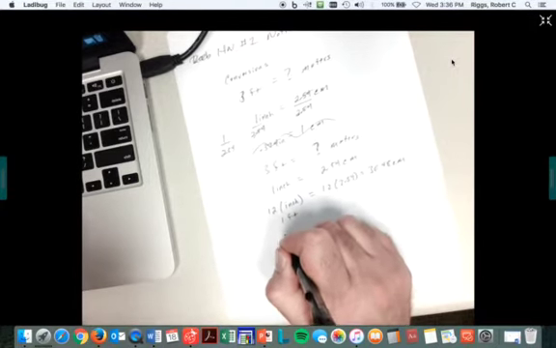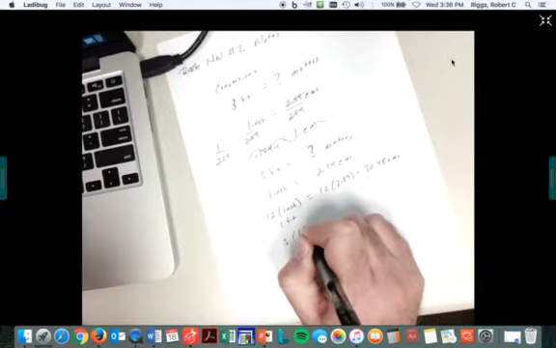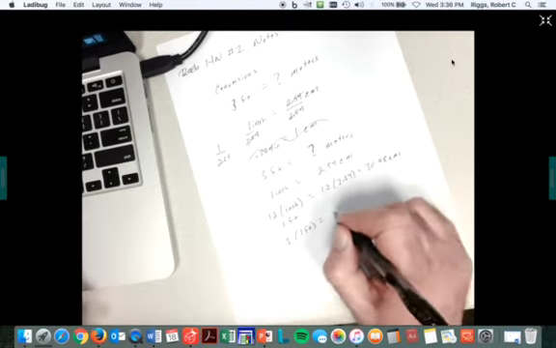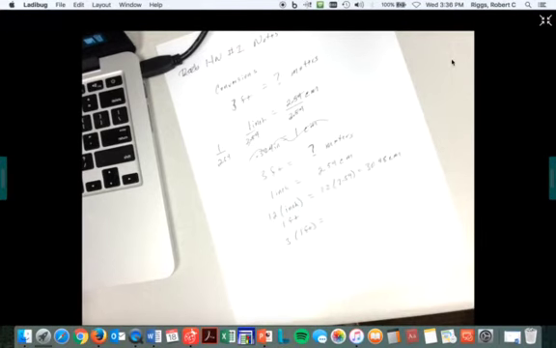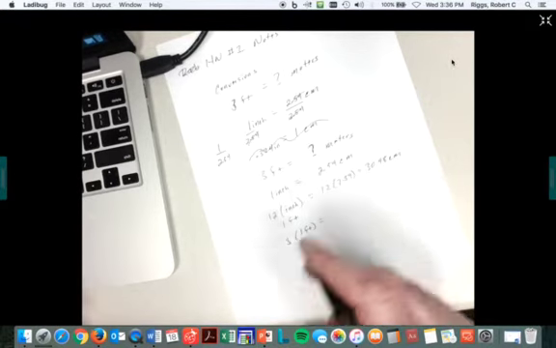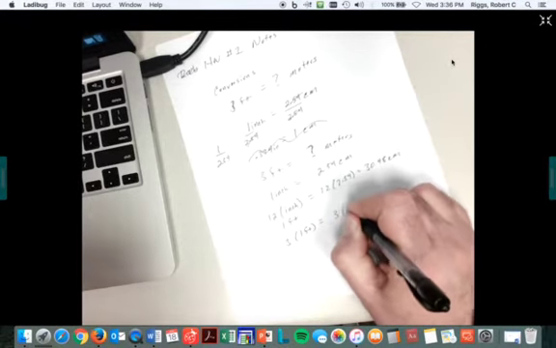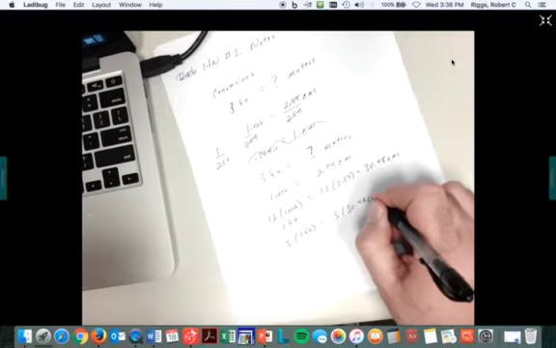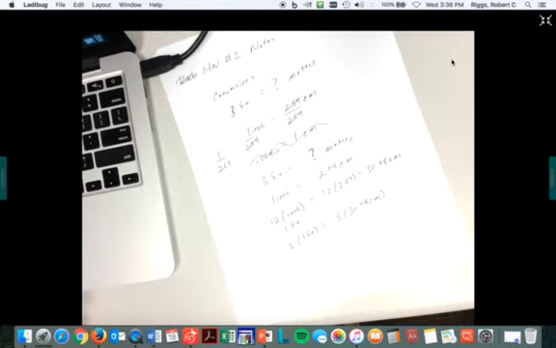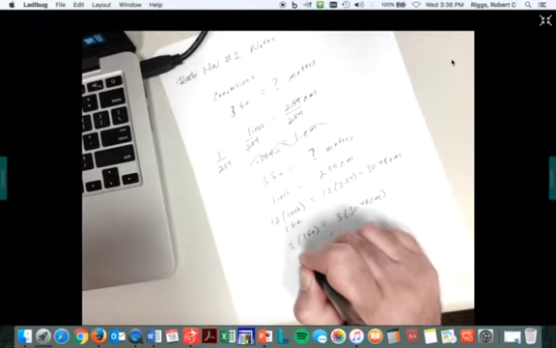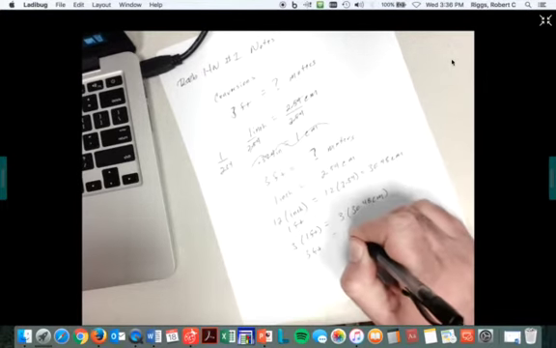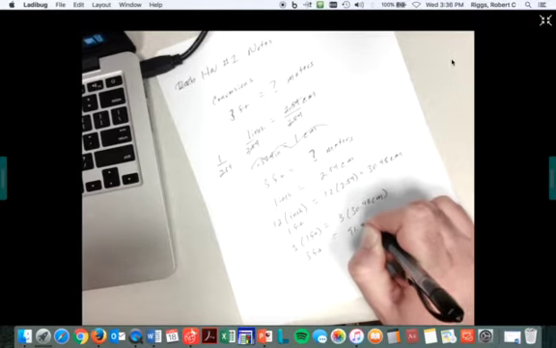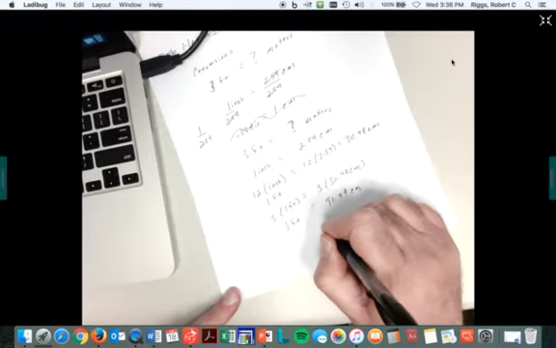Now I'll multiply by 3, so 3 times 1 foot, and I'll multiply this by 3 also. So 3 times 30.48 centimeters is equal to, so 3 feet is equal to 91.44 centimeters.